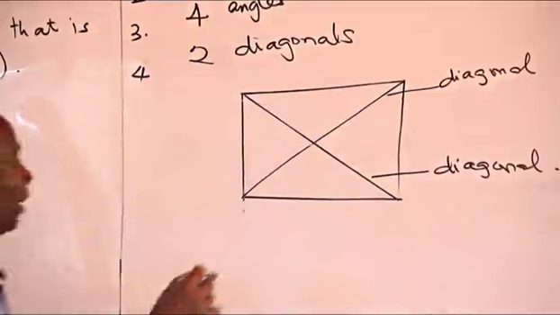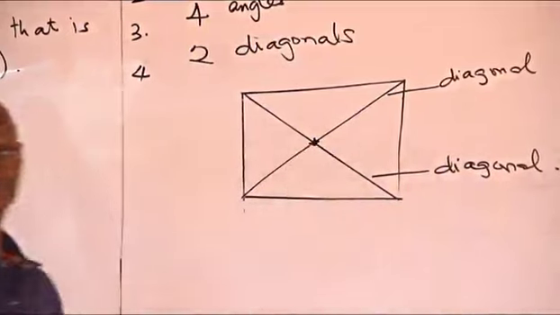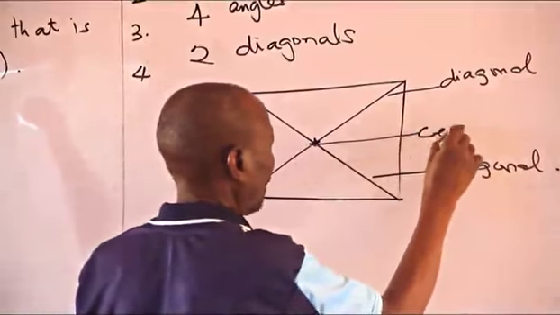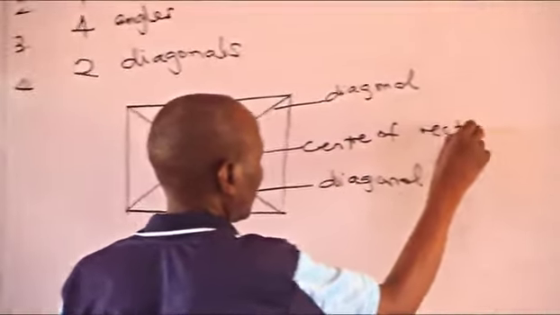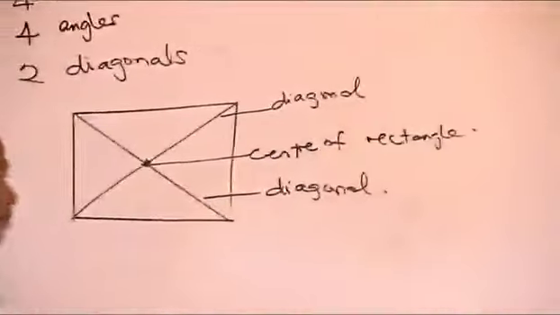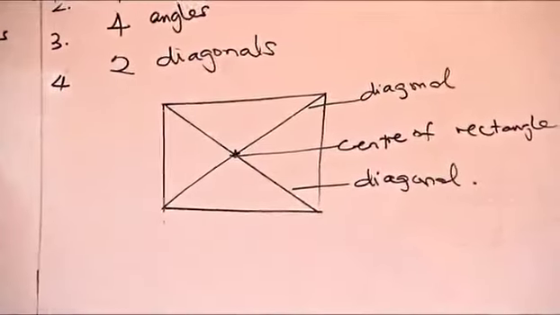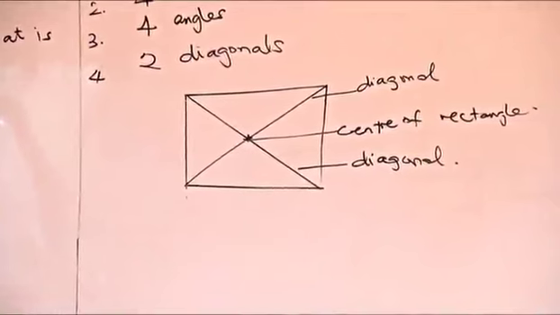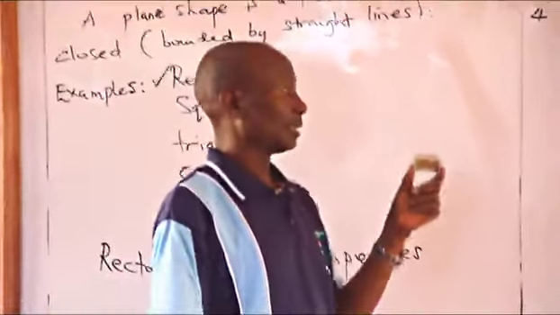The center of the rectangle is where the two diagonals meet. You have the center of the rectangle. Now if we look at our environment, at home or in school, we have what's called a math box.